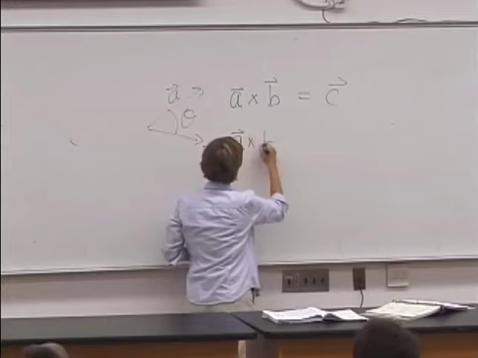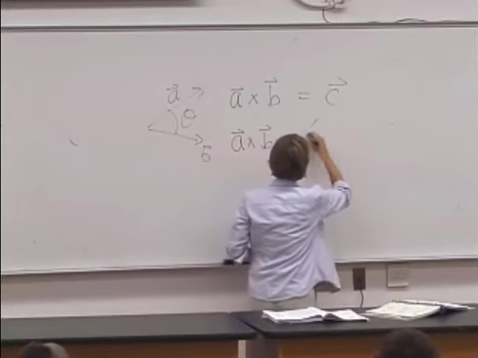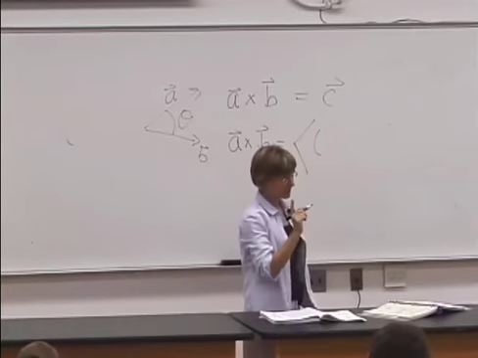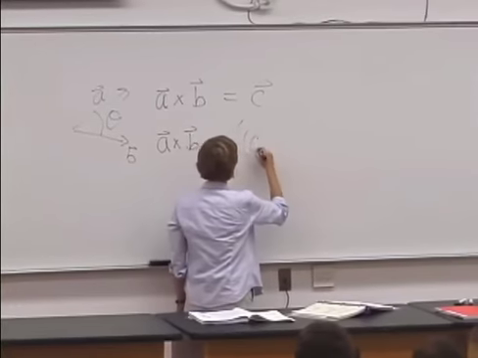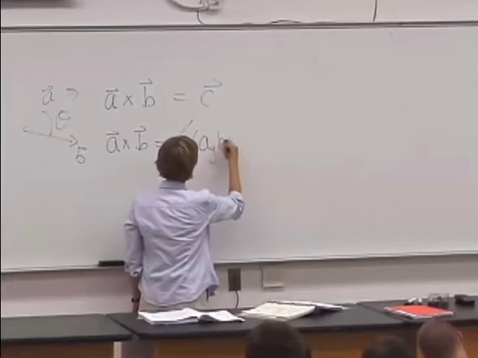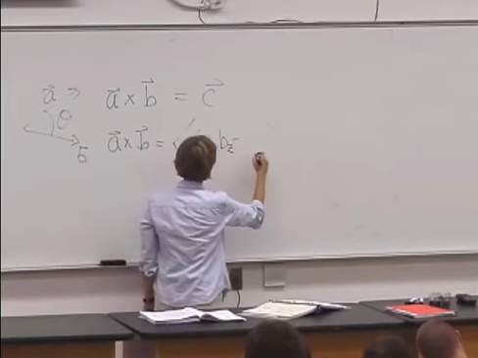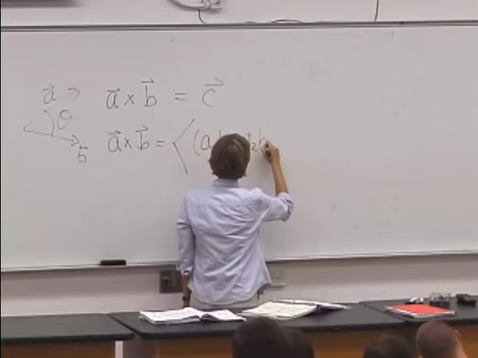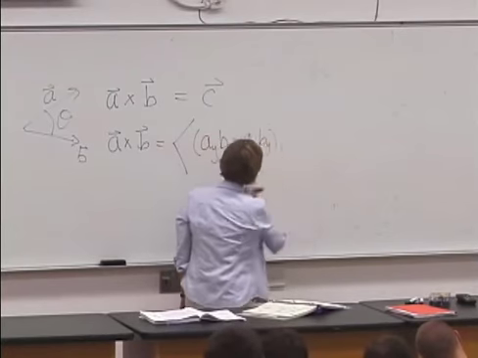A cross B is the following vector. Got to get it right. A sub y times B sub z minus A sub z times B sub y, that's the x component.